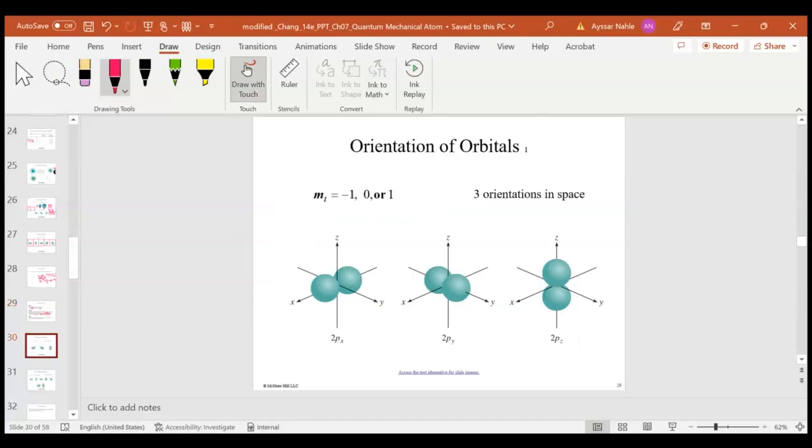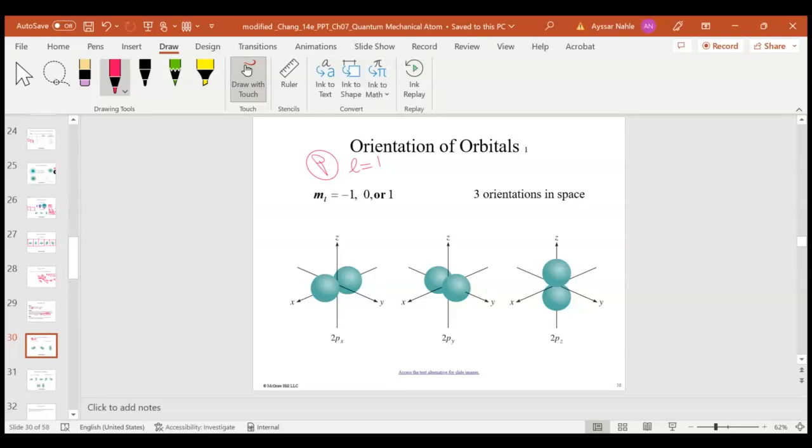Okay. Right. Now, orientation in here, ML equal to ML. If you have, which one is this one? L equal to how much? 1. That means the P. Now we're talking about the P in here. That means P, L equal to 1. Yeah.